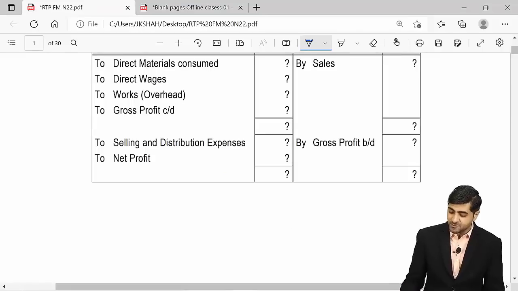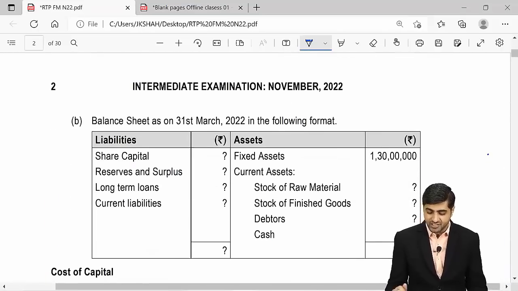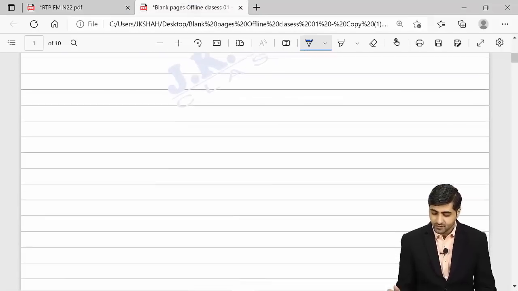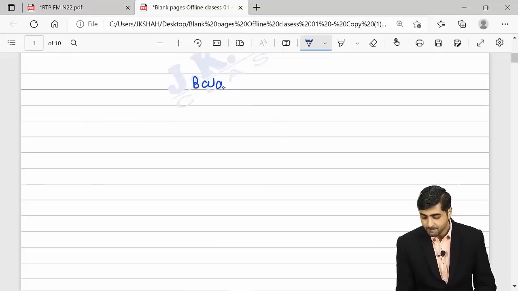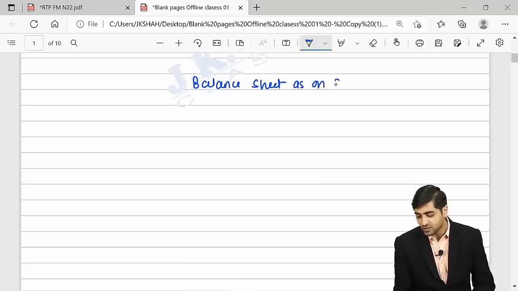Also at the same time in this particular question we have to prepare the balance sheet as well. Balance sheet as on 31st of March 22.